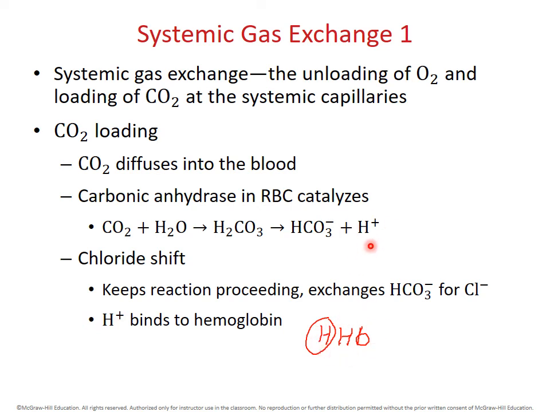This is what prevents the hydrogen ions from building up as we're sending 95% of our carbon dioxide through this reaction. These hydrogen ions are binding to the deoxyhemoglobin to become HHB, deoxyhemoglobin. Another way of referring to that, by the way, is also as reduced hemoglobin.